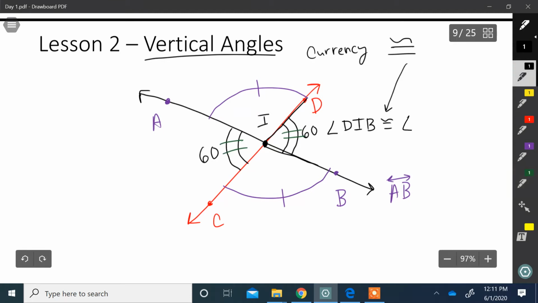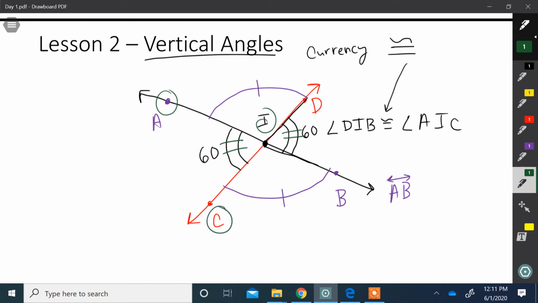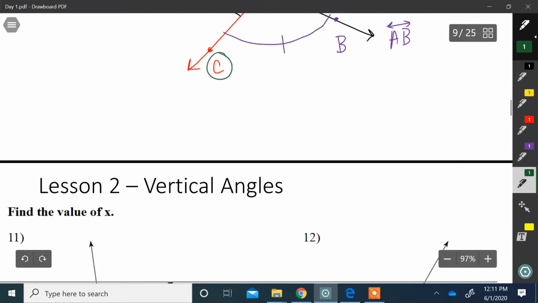I didn't finish this. DIB is congruent to AIC. Okay, so vertical angles are congruent.